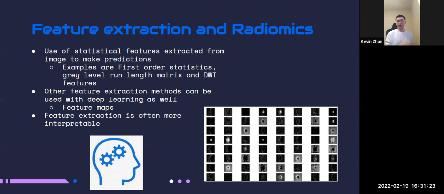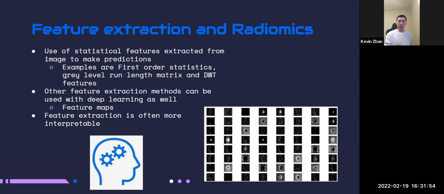To measure how many blood vessels there are, how wide the optic disc is. This would be much more interpretable, right? You know exactly what's feeding into the model, whereas neural networks are generally a black box, which you may have heard of before, where you put in the input and you don't really know what's going on inside. You don't know what's being looked at, you don't know what features are important, and you get an output, right? So doing feature extraction and creating these interpretable features is quite important.